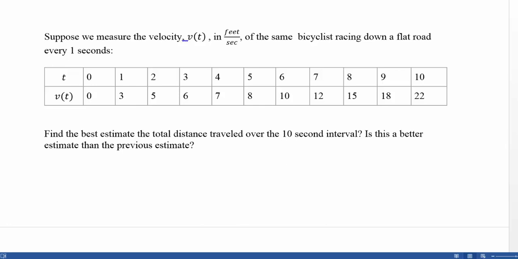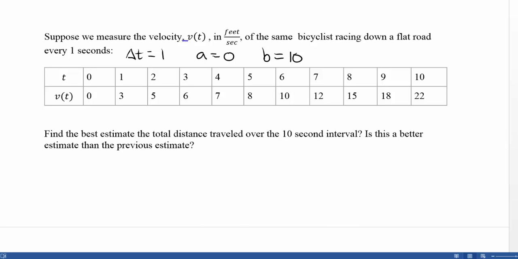So let's take a look at this table and let's talk about some of our new variables. Let's start with delta t. So remember last time delta t was 2 because we were counting by 2 seconds. Here, my delta t equals 1 because now I'm counting by ones. I was able to measure every 1 second. My a is going to be my starting point, so that's 0. My b is going to be my ending point, which is 10.